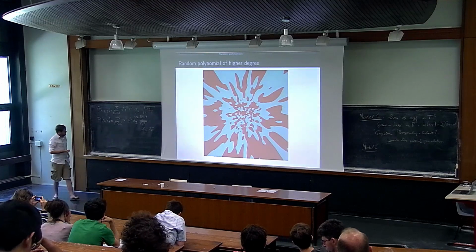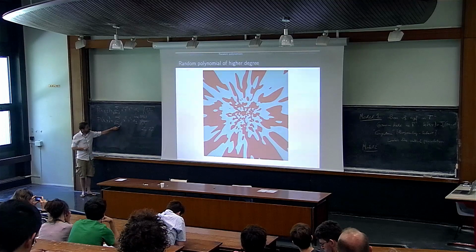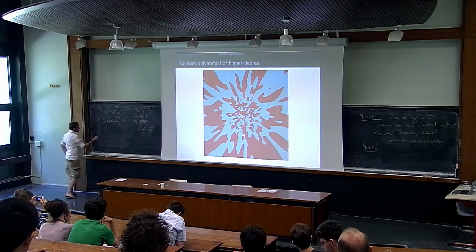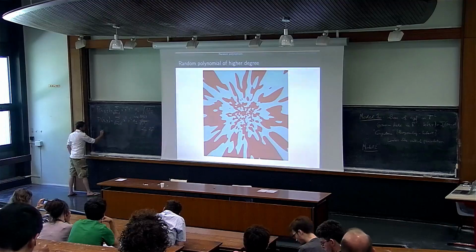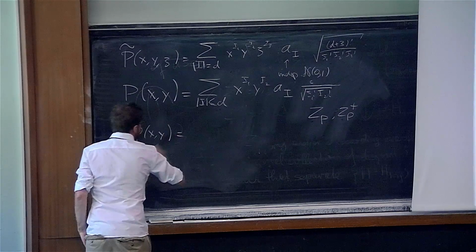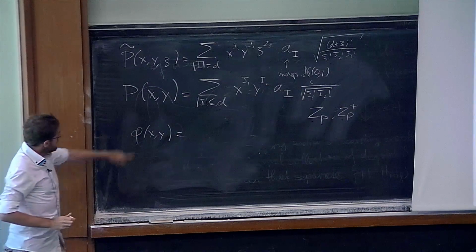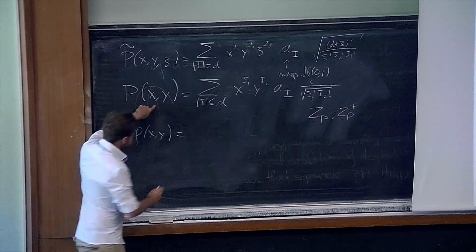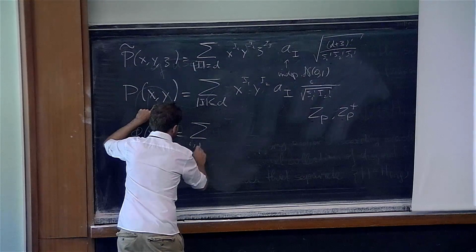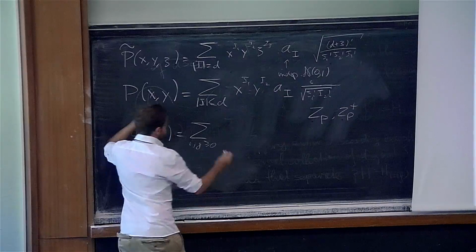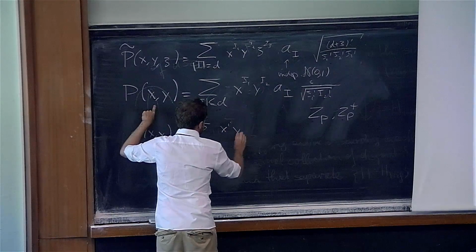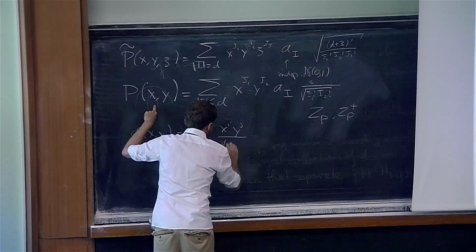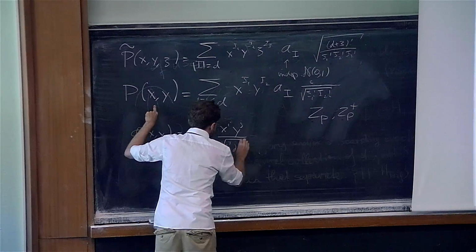So what happens? Formally, if you let the degree go to infinity, you want to say that there is some phi of x, y, which is the infinite degree counterpart of this, which is the sum for i and j positive of a_ij x^i y^j divided by the square root of i factorial j factorial.